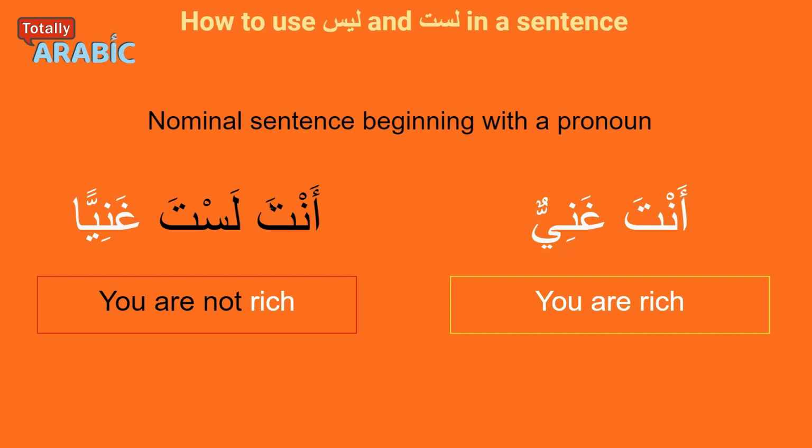You can see here, we have fatha on the ta. This ta takes fatha as well. أنت لست غنيا, you are not rich. So this one gave the negative meaning to this sentence. And the same applies here, and you know the reason: simply because we have lesta here, this changed to a fatha.